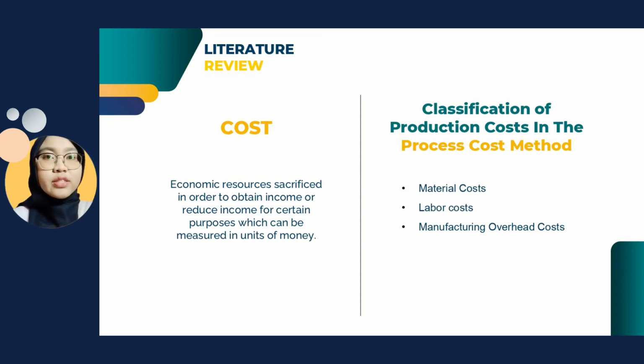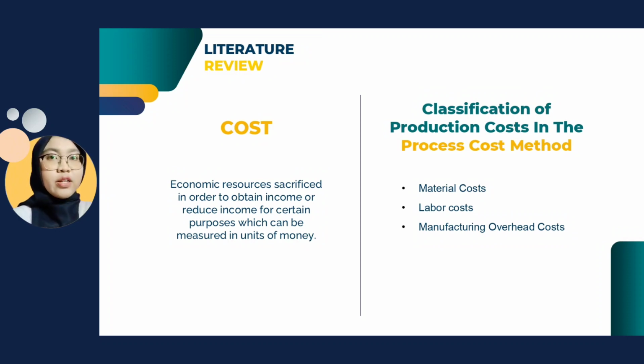Direct labor costs and indirect labor costs are not separated. If the product is processed through several departments, all labor costs in the production department are classified as labor costs, while labor costs in supporting departments are treated as an element of factory overhead costs. C. Factory overhead costs.